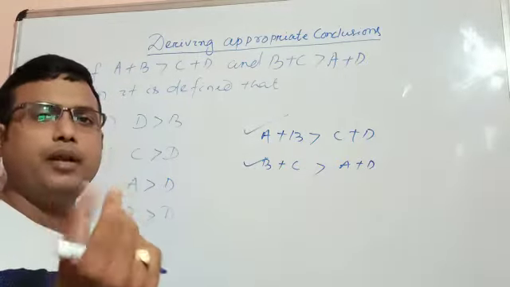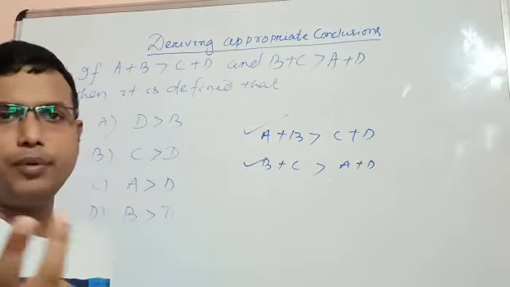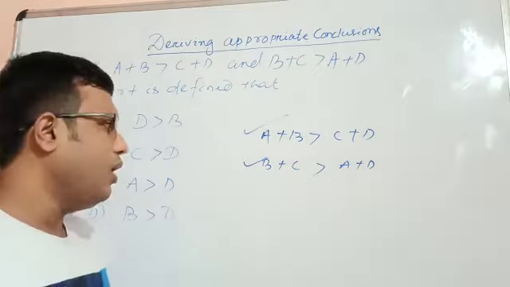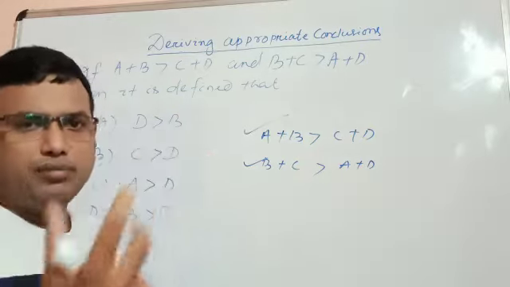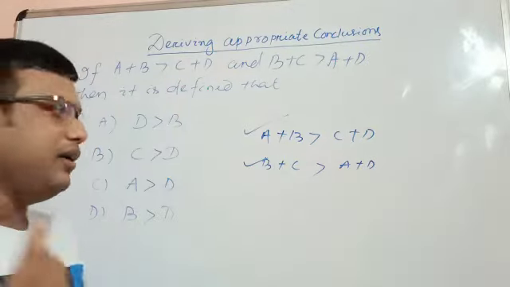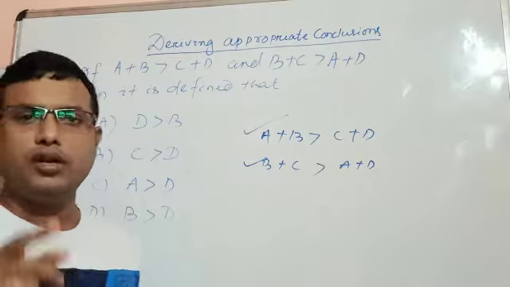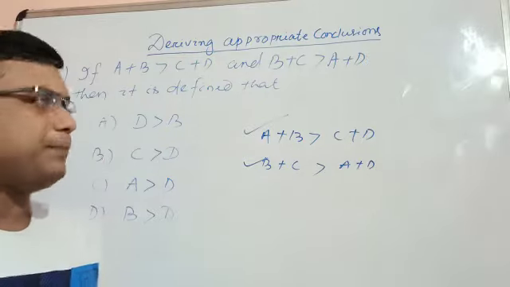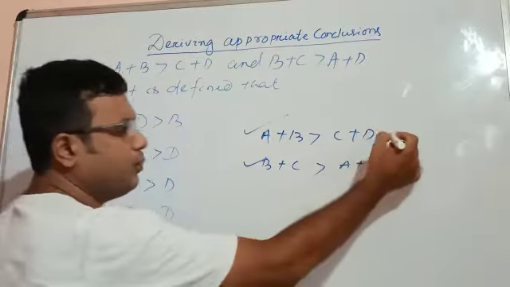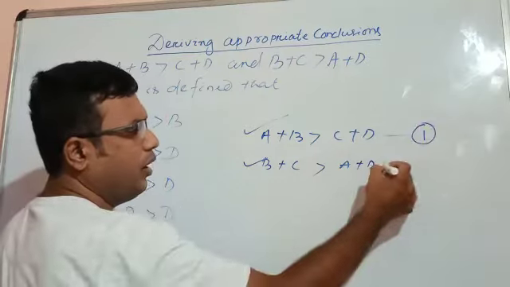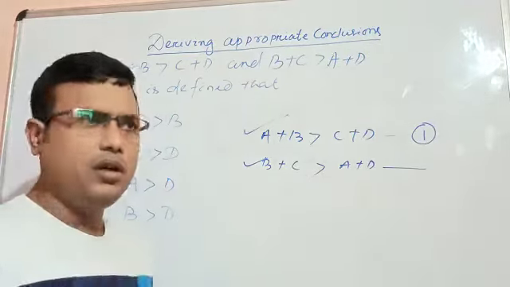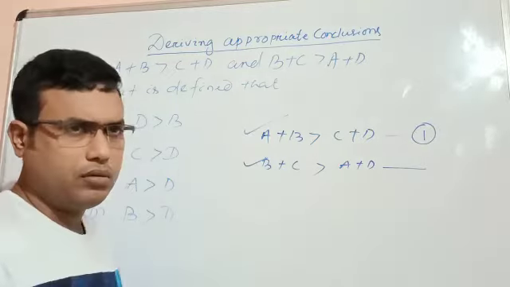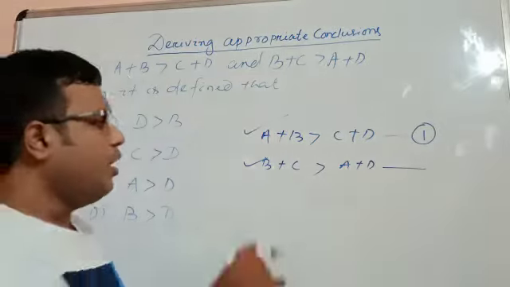That means groups of elements connected by different types of operators, plus, minus, etc. So you analyze and try to derive the proper conclusion and then decide which conclusion is 100% correct. Suppose this is your equation number 1, but exactly it is not an equation because the equal sign is not here. This is an expression, a mathematical expression.